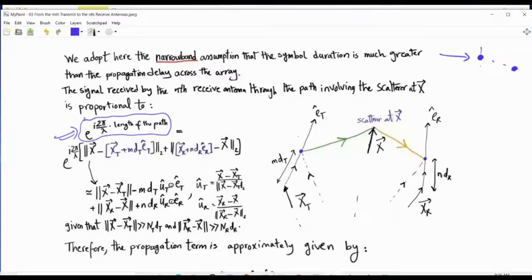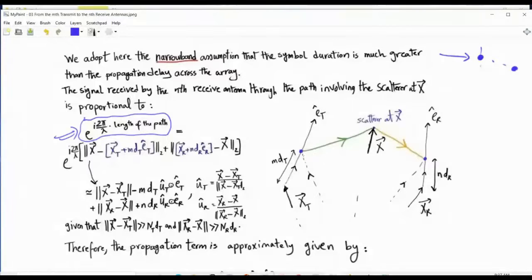it now becomes a matter of distances. So this is the nth element in the transmit array. This is the mth element in the receive array, and we are studying basically a signal going from the nth element to the mth element through this scatterer here.